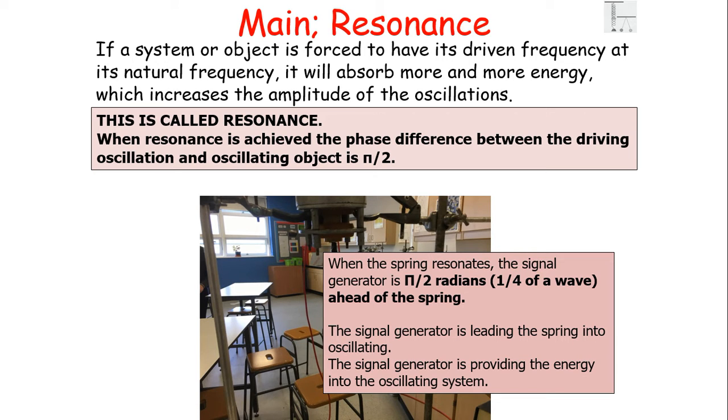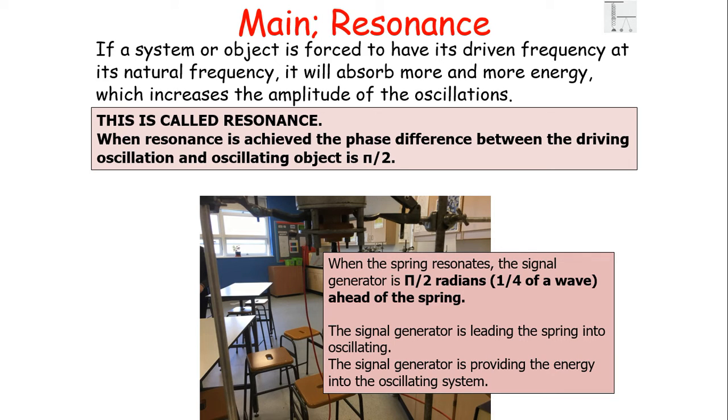But when the driving frequency equals the natural frequency, you achieve resonance, and resonance is only achieved when the phase difference between the driver and the driven object is pi over 2 radians, or 1/4 of a wave. So when a driven oscillator is oscillating, such as the spring, it's going to be pi over 2 radians behind the signal generator, the driver.